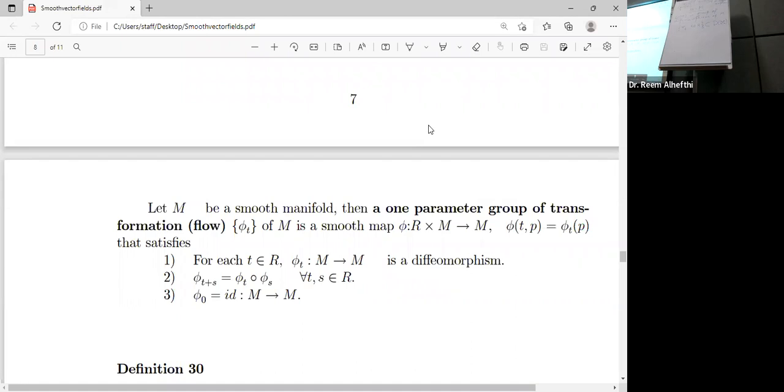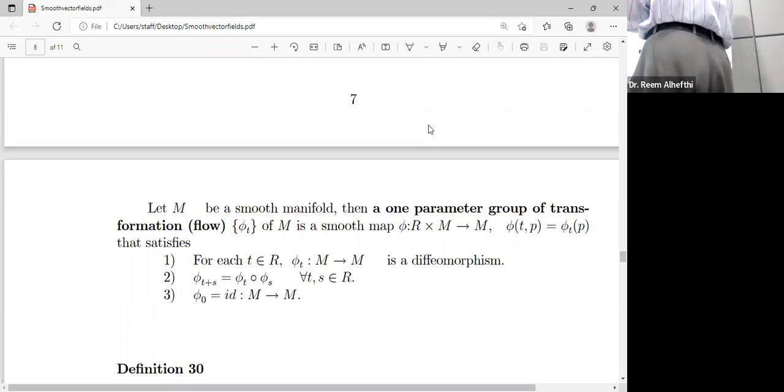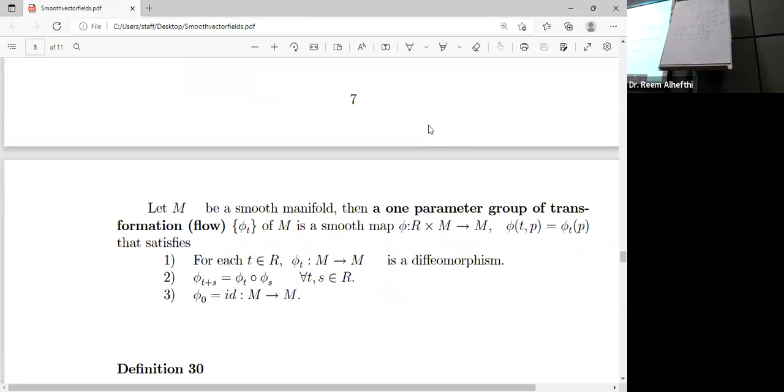What is it? A sort of a curve, a smooth curve. Right? So this is one parameter.